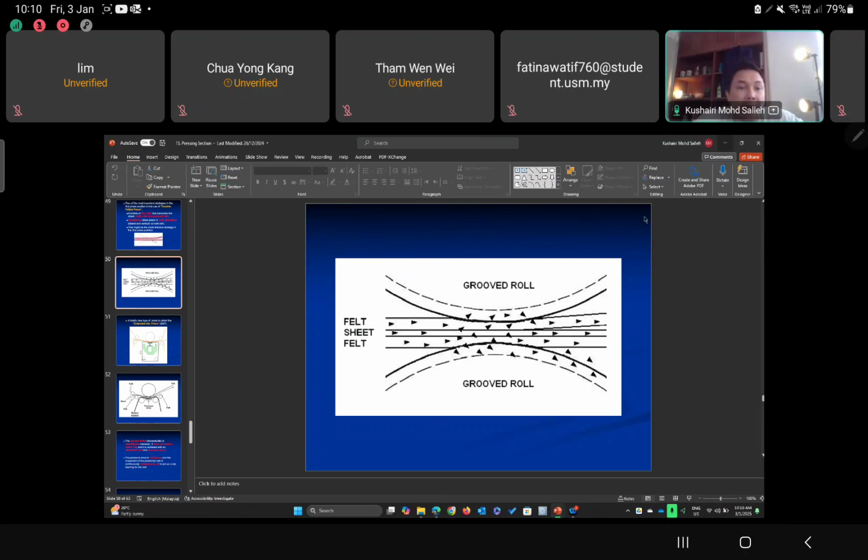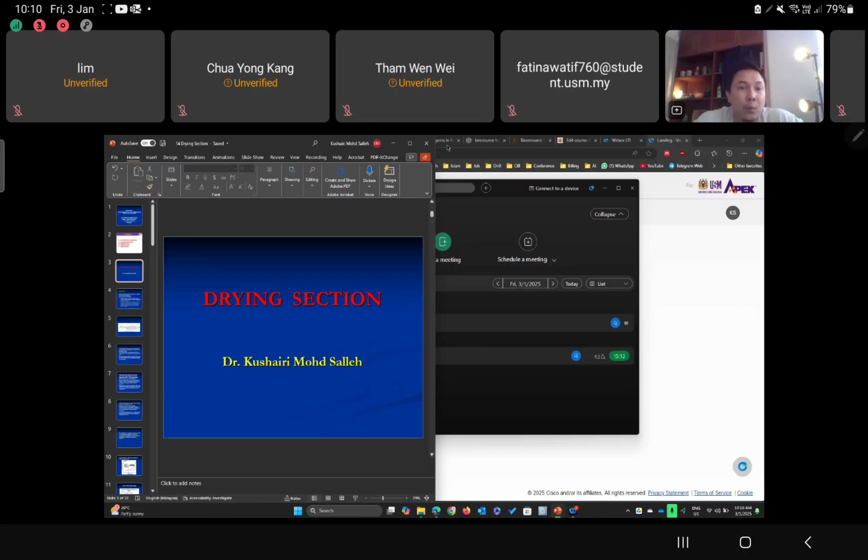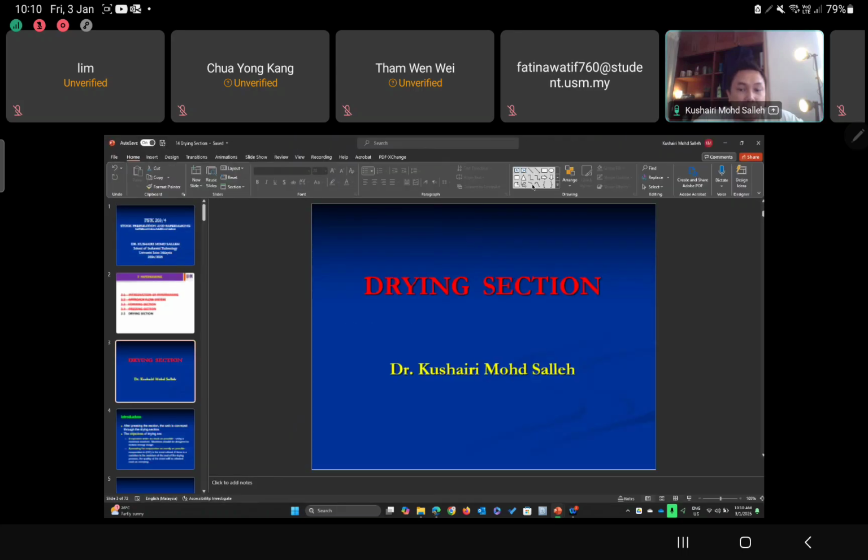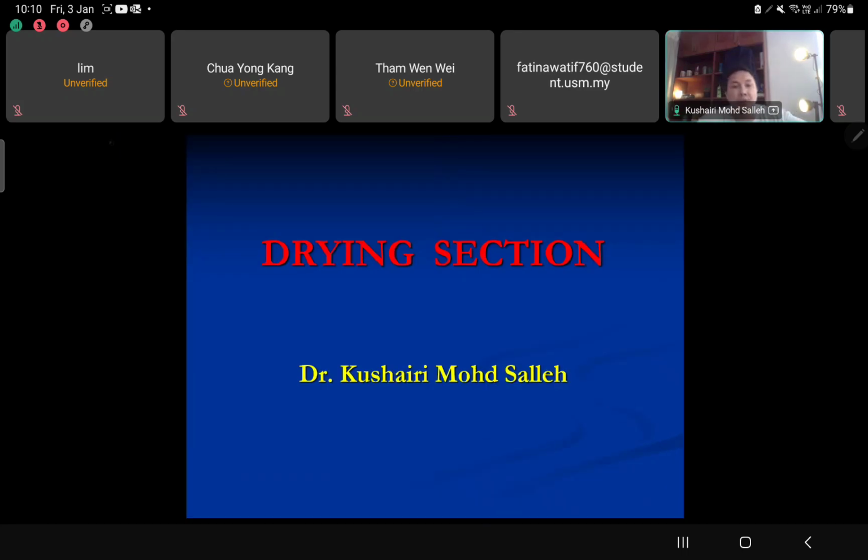After the pressing section, we will have the drying section. Today we will cover the drying section, one of the most important parts in the paper making machine and the paper making industry. Why is it one of the most important parts? Because the drying section removes the water until we reach the targeted moisture content for the paper, usually about 6 to 8%.